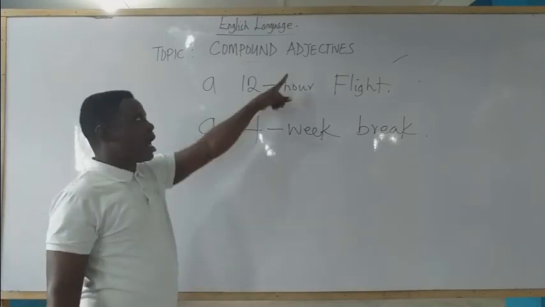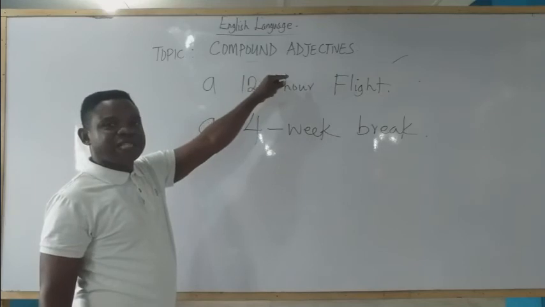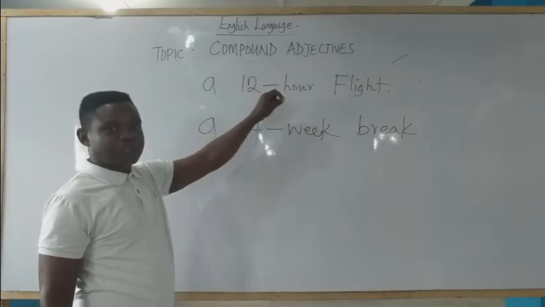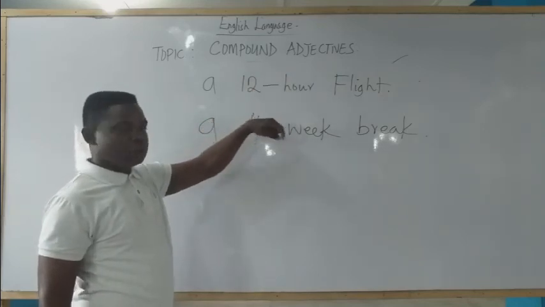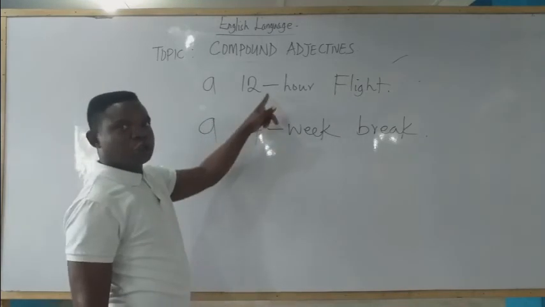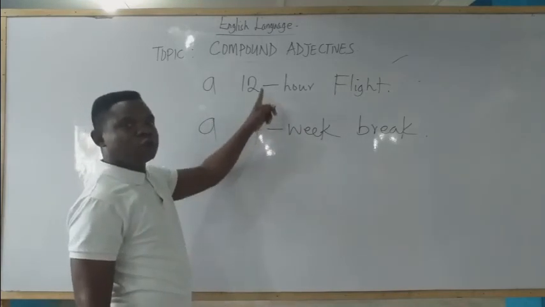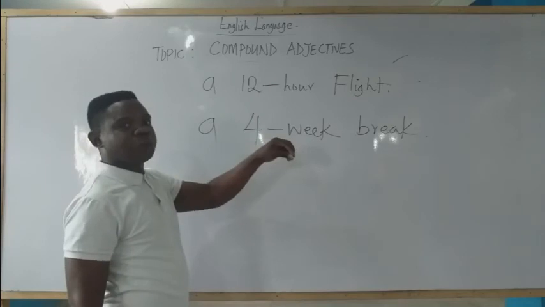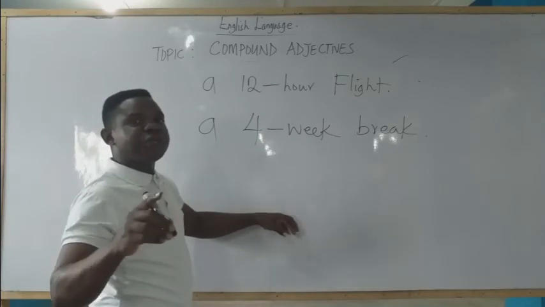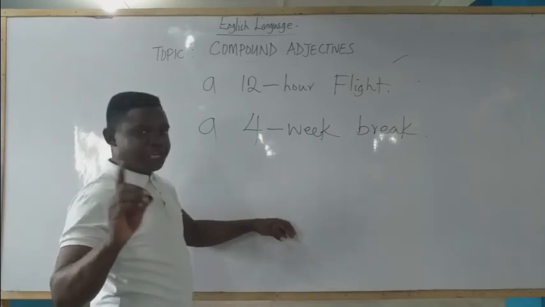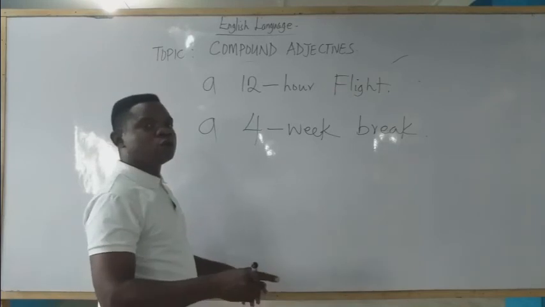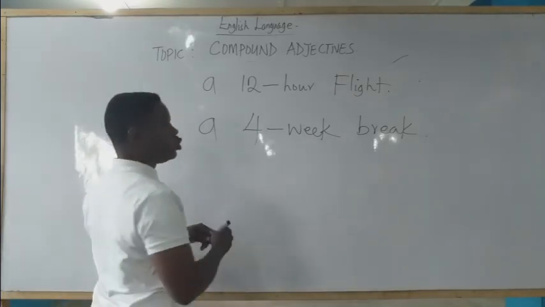Whenever compound adjectives are used to show ownership or possession, take note, hyphen should not be used again. When you use compound adjectives to show ownership or possession, hyphen should not be used again. But when you remove the hyphen, you then add what?